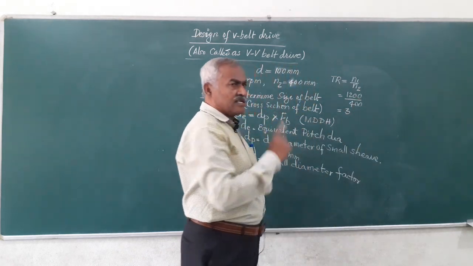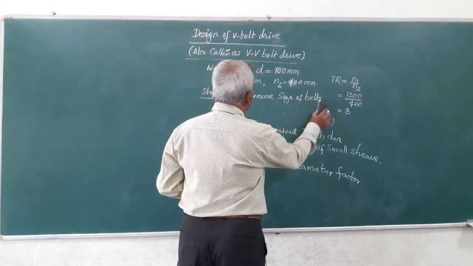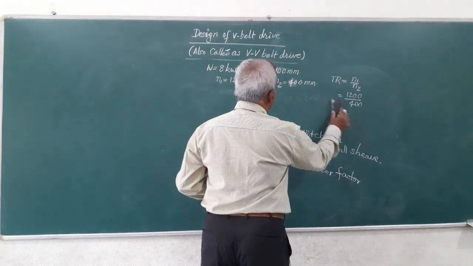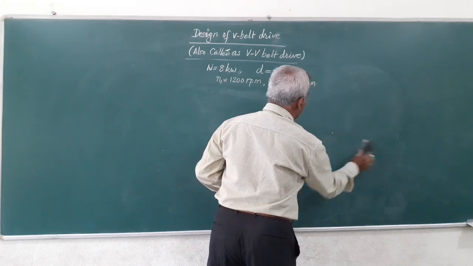Friends, for this transmission ratio 3, if you refer to the machine design data handbook, there is a table which will give you what should be the value of this FB.